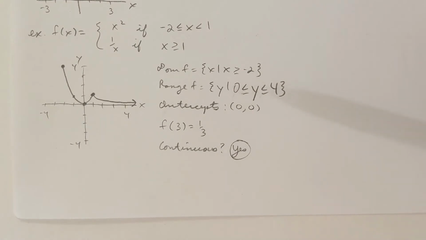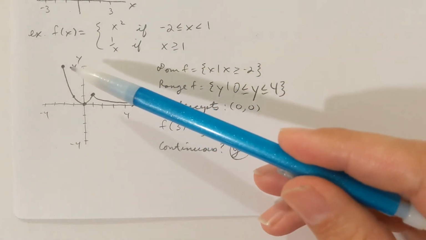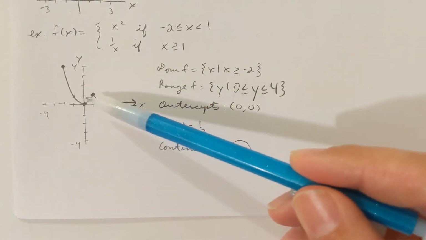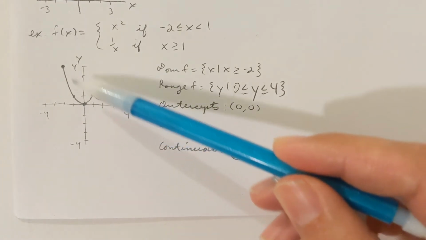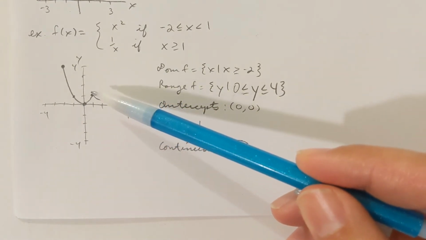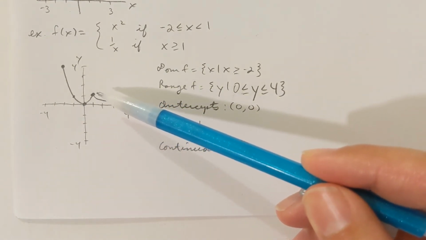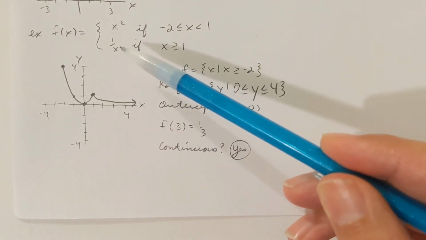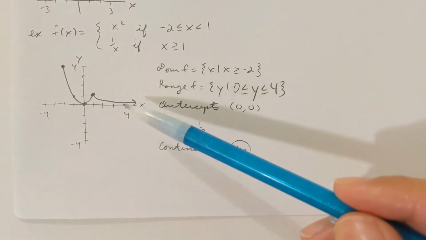So x being greater than negative 2 and less than 1, including negative 2, means that I've got this piece right here. I'm cutting that off at 1 because at 1 I'm graphing y equals 1 over x.